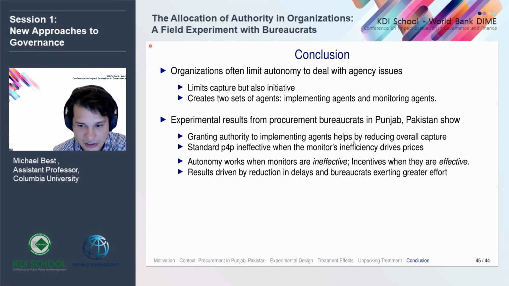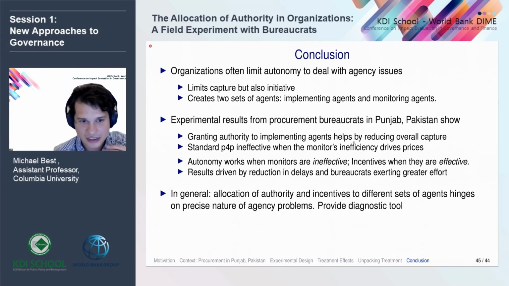But there was this very important difference between what happens when the monitor who's in charge of inspecting for compliance with the rules is effective versus ineffective. So when the monitors are ineffective, autonomy works, while incentives work precisely in the opposite case, when the monitors are effective. And this is driven by changes in the delays that monitors create and by bureaucrats exerting greater effort.